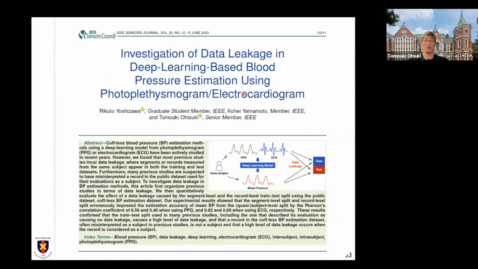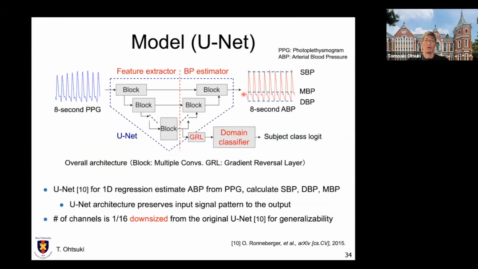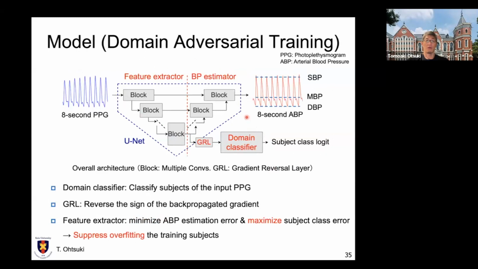But this technique can also be applied to the data sensed by the radar. So this is the model structure. This one is a well-known U-Net structure, and here you can see the GRL and also the domain classifier. GRL is a gradient reversal layer, and with the domain classifier we apply domain adversarial training.